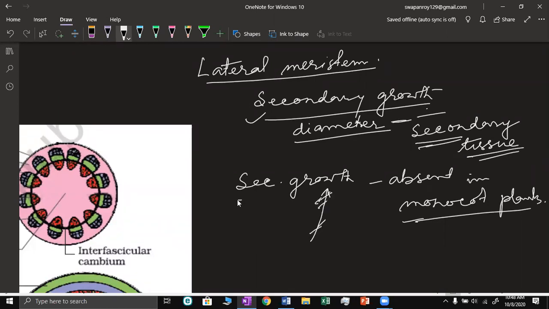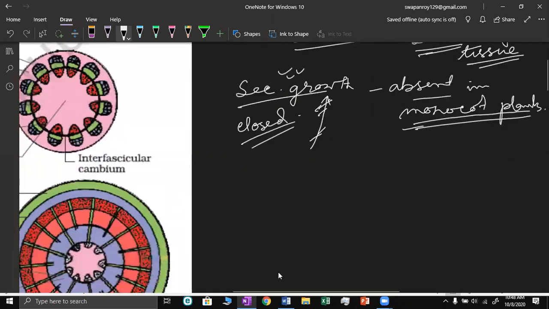This is because they don't have secondary growth. Why don't monocots have secondary growth? Because their vascular bundles are closed. They don't have lateral meristem.